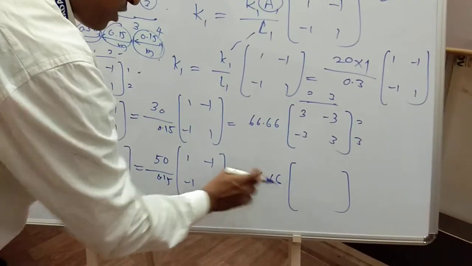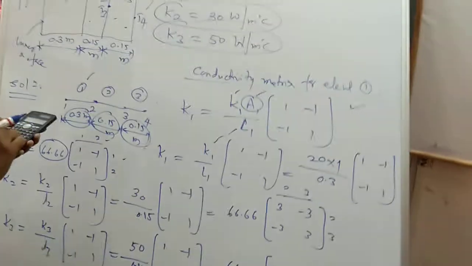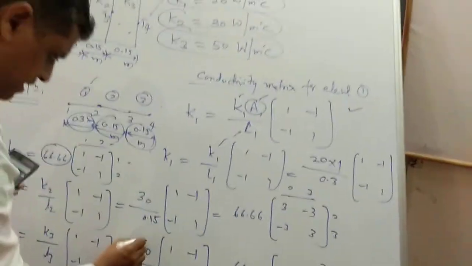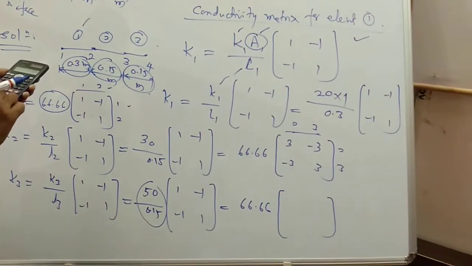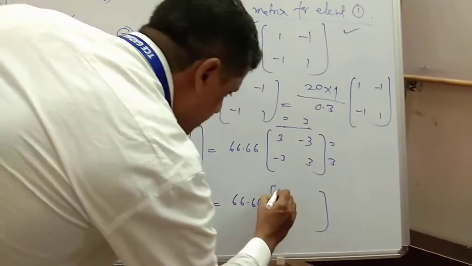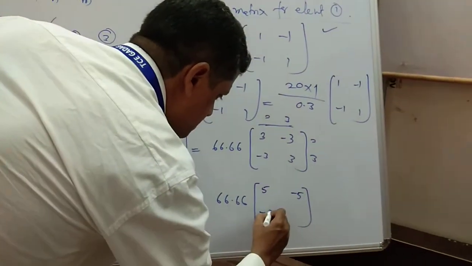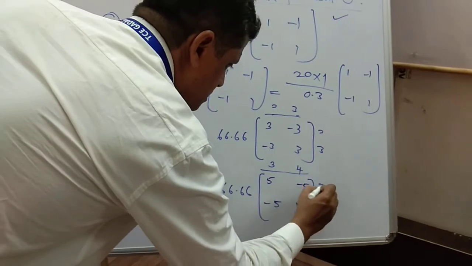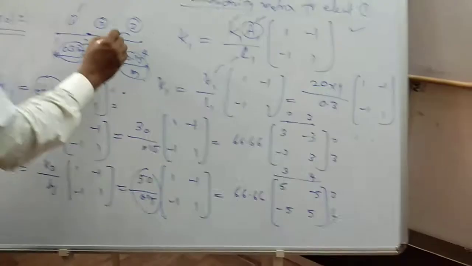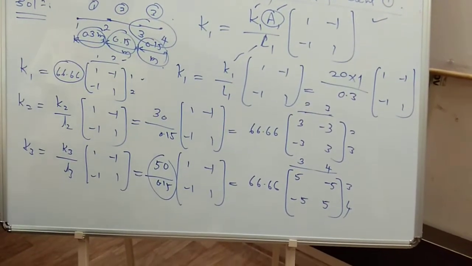If you write 66.66 outside, then for 333.33, dividing by 66.66, we got 5 inside: [5 -5; -5 5]. Here you write the DOF numbers 3 and 4, because element 3 has nodes 3 and 4.